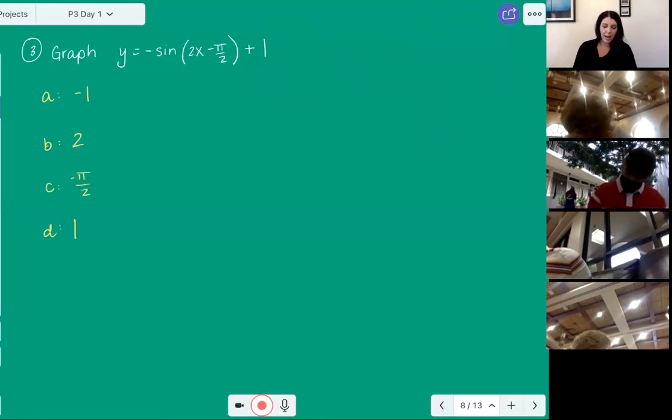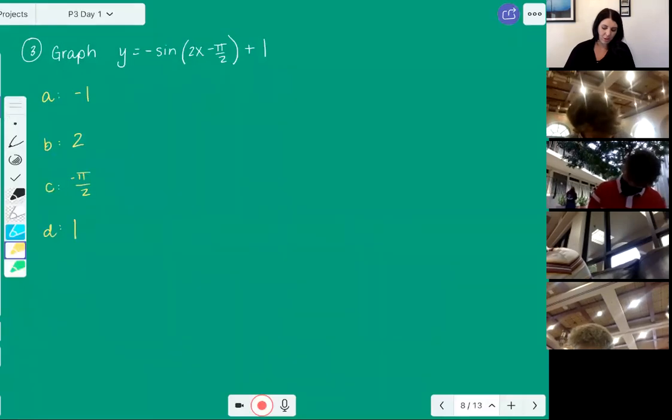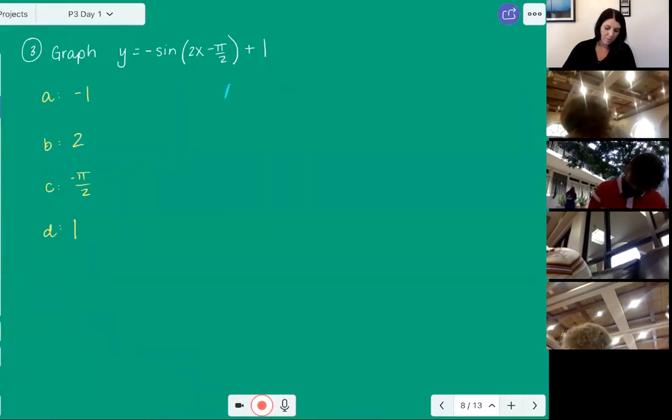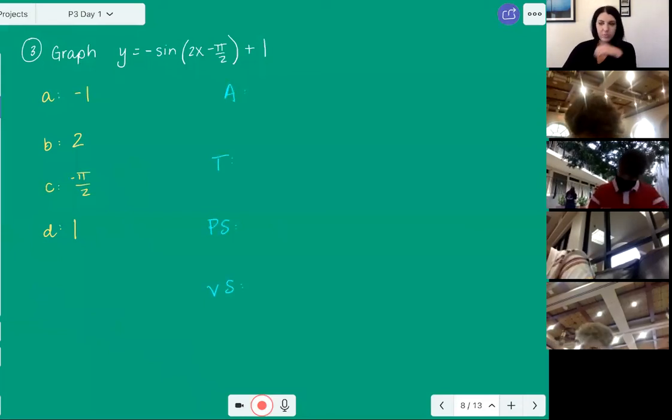Excellent job. Okay, now we're going to find our amplitude, period, phase shift, and vertical shift. Let's go to Dayton. Dayton, what's our amplitude?